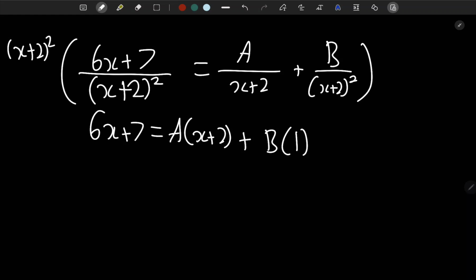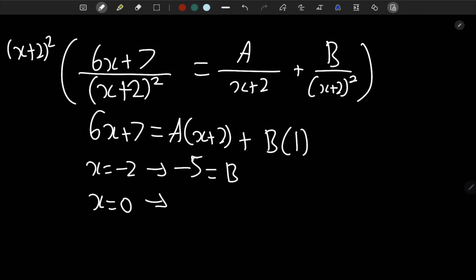So now we simply solve for a and b again. So let's substitute x is equal to minus 2, as this is the root, and we will get that b here is equal to minus 5. And let's substitute 0 now to solve for a.